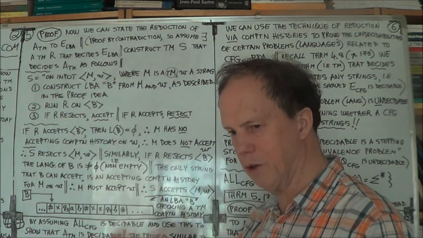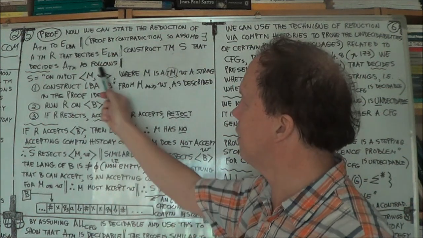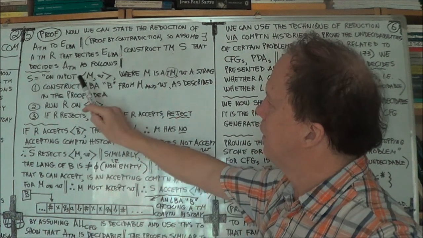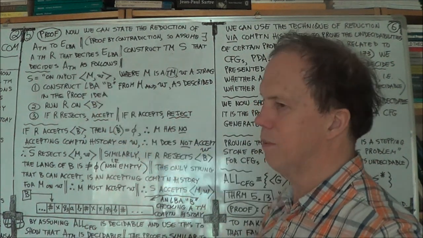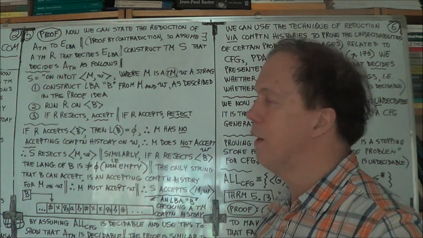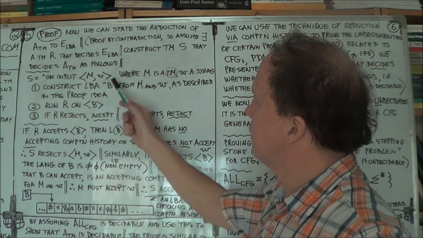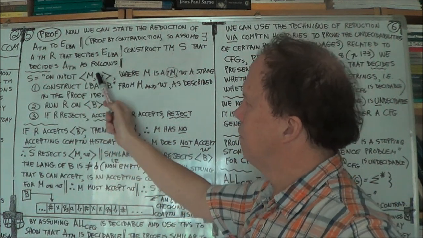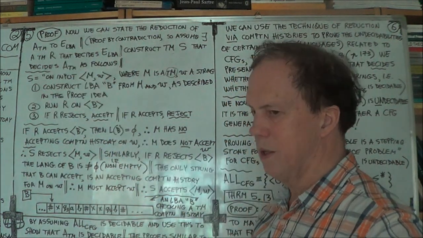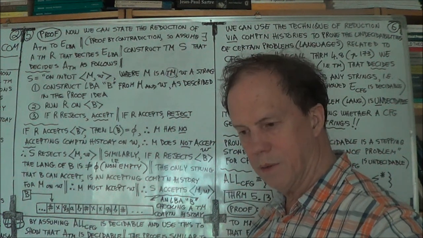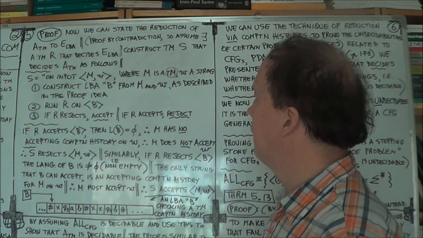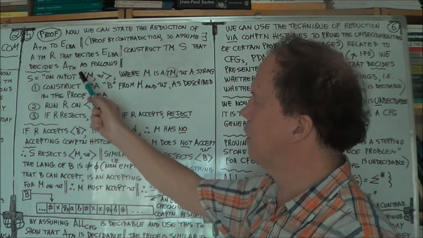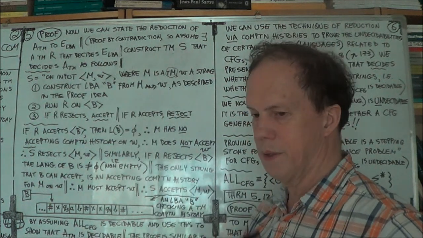It's making a decision on that ordered pair, whether this machine M accepts W. And that means for all possible ordered pairs like this, which are members of this language, that language is decidable, right? And there's our contradiction.